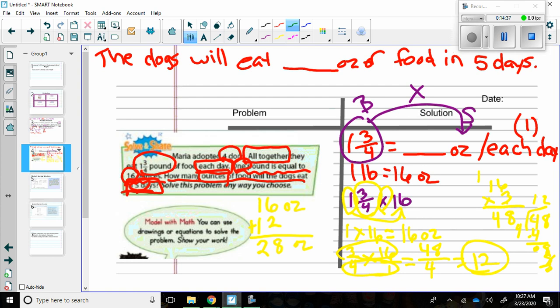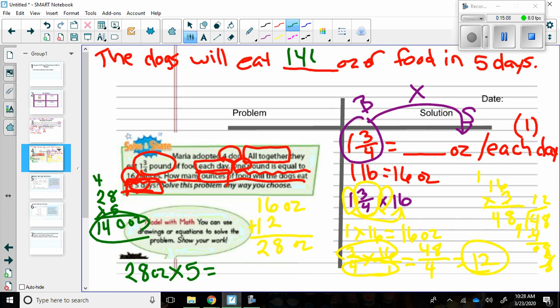So if they eat 28 ounces of food in 1 day, and they're doing that for 5 days, I now need to multiply 28 times 5. 8 times 5 is 40. 2 times 5 is 10 plus 4 is 140 ounces. So the dogs will eat 140 ounces of food in 5 days.